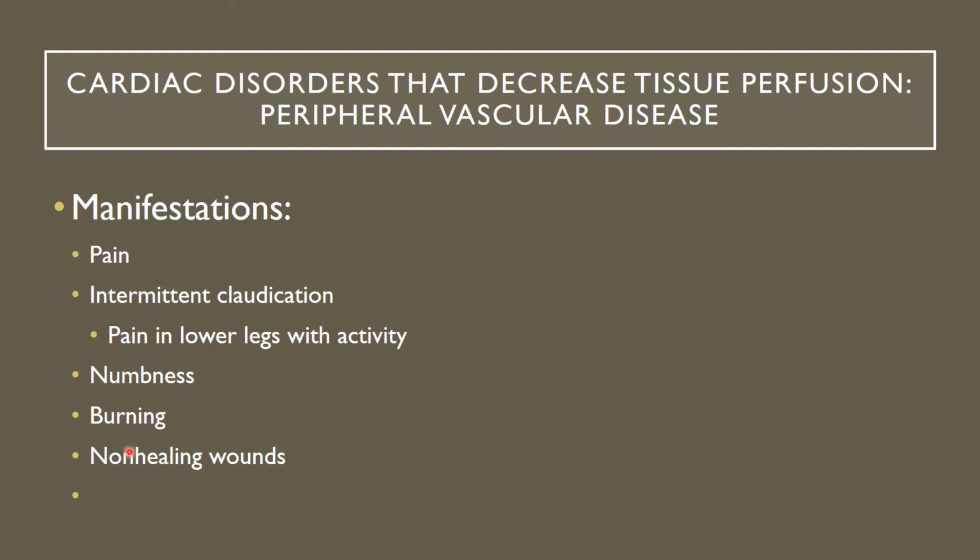And then the non-healing wounds would make sense because as we start to heal, we need oxygen brought to that area, not because oxygen helps kill some bacteria, but because it is really involved in producing materials that are involved in healing the actual wounds.